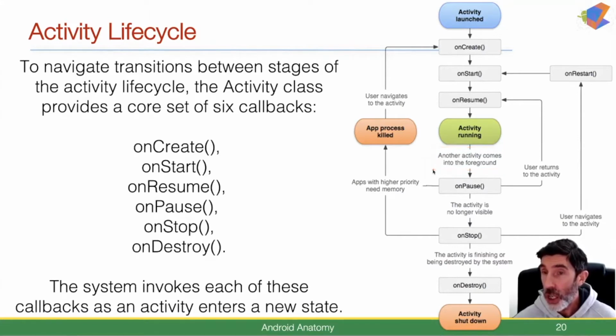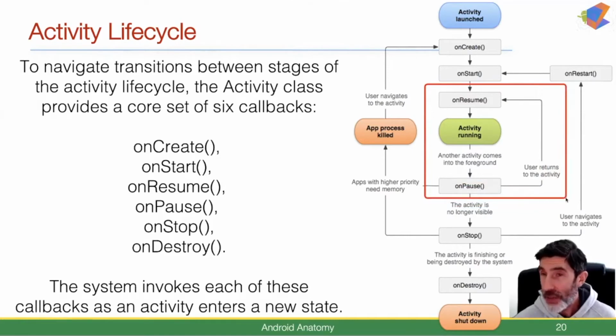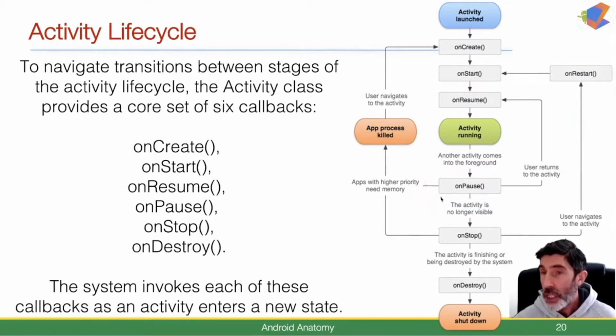So your initial home activity is paused, and it continues to go through that life cycle where we have our onPause, user returns to activity, back to onResume. So 90% of the time, I'd say, your app and your activities within your app are cycling through this onPause, onResume cycle. We've got the other use cases where, if your activity happens to be stopped, onStop would be called, and then it would get restarted again.